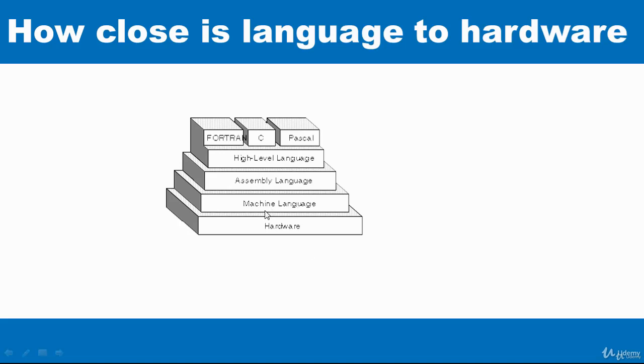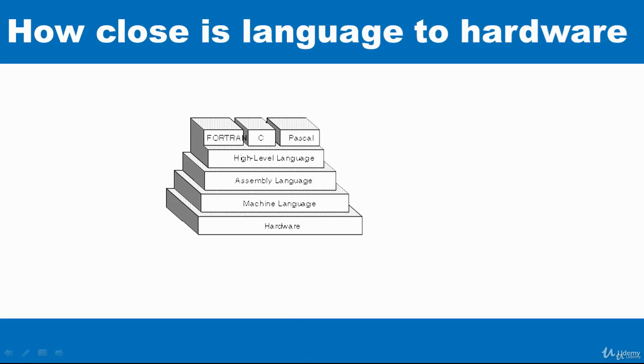Okay, so any languages that are closer to the hardware obviously will process the information faster and be able to execute or carry out the actions required by the computer. So the examples of low-level languages are machine language and assembly language. These two are regarded as low-level, and then we've got the high-level languages.